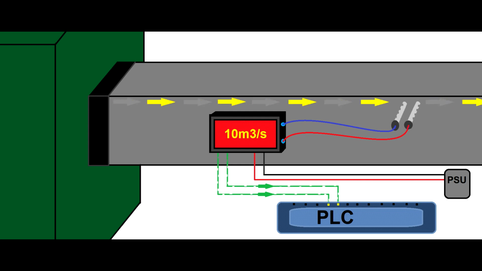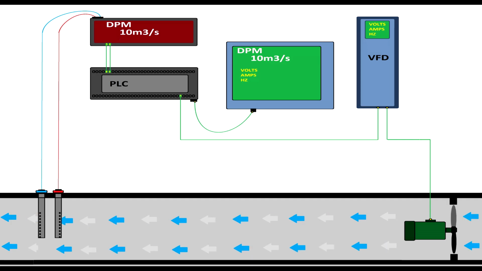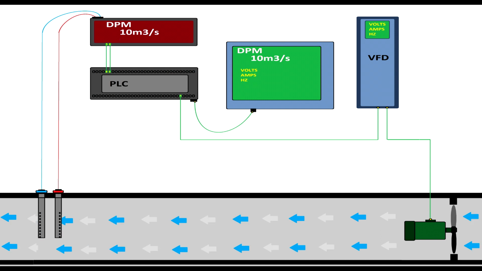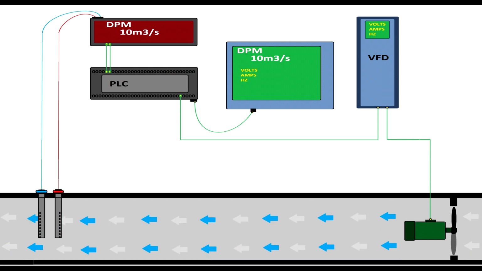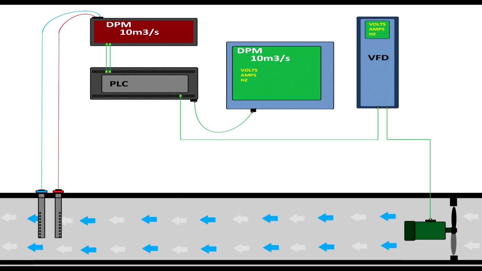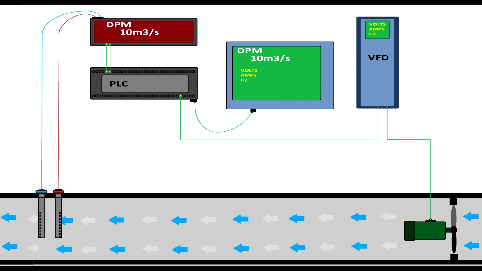We use differential pressure modules, differential pressure control, which controls dampers, and also the information goes to the PLC, which controls variable speed drives. You can see in this video that the DPM collects information through these two pitot tubes and sends the information to the PLC, which controls the fan and sends the information to the human-machine interface.